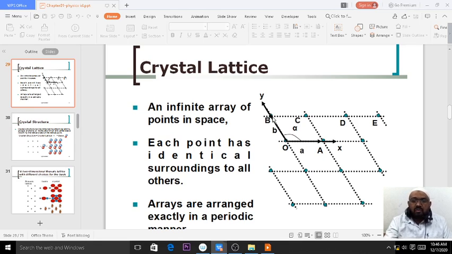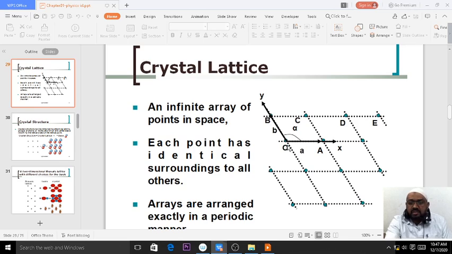Here we have taken imaginary points. You can see these imaginary points. We start from a reference point O, and we have a point A here. Let us consider points B, C, D, E, and so on. This is a continuous process.